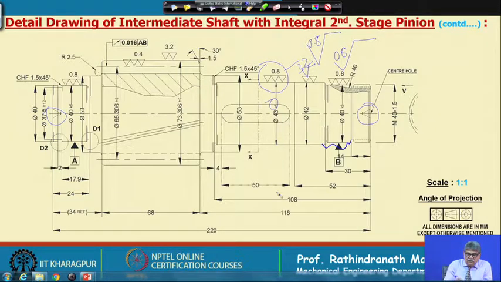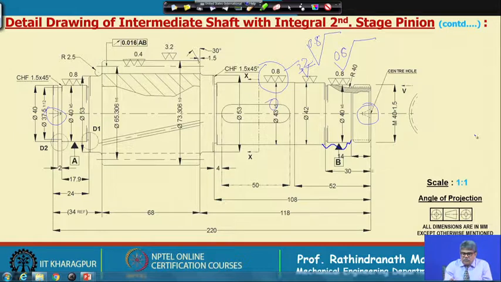So, next, while the machining will be done, the machine man will look into this diameter. Here it is 53 and here it is 43 and here it is 42. So, probably he will cut this portion at a diameter a little less, very close to 43 plus.